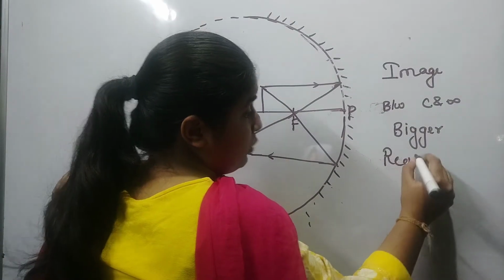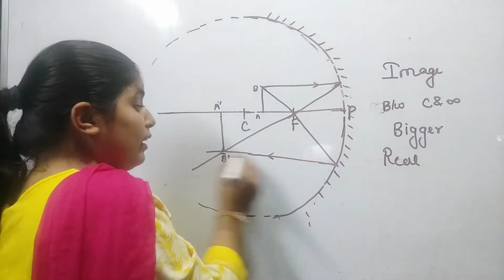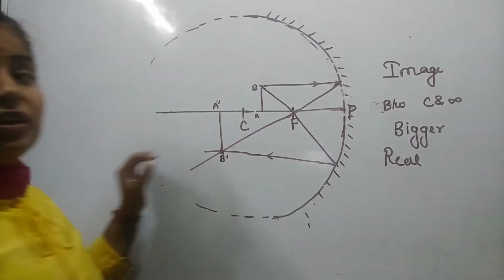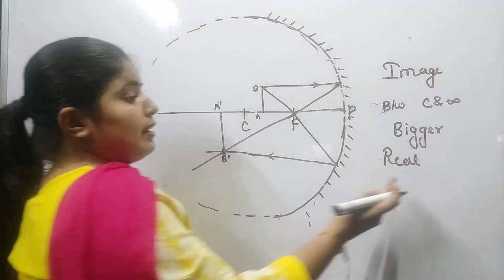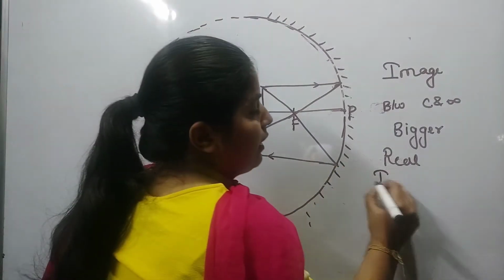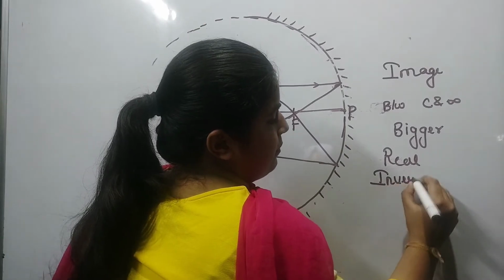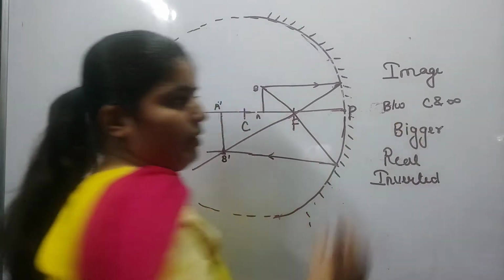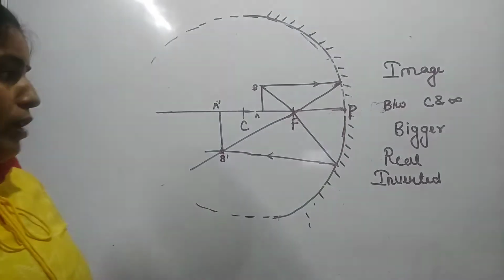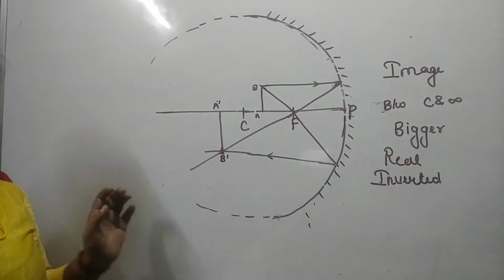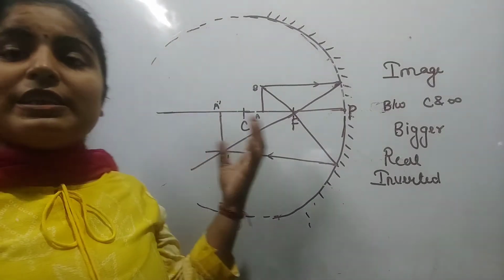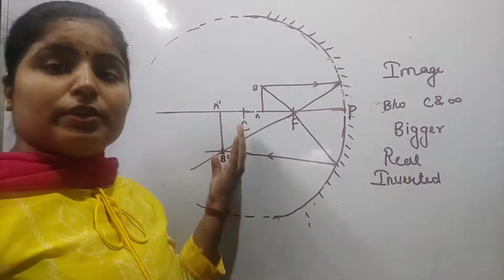Why? Because the two reflected rays really meet each other. And it is inverted. So here we have discussed the formation of image when the object is placed between the focus and center of curvature.